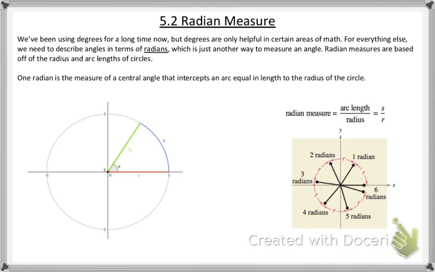Radian measure is another measure that is based off of the radius and the arc length of circles. So if we consider the diagram on the left that has the x and y axis, you have the initial side of my angle because it's in standard position.